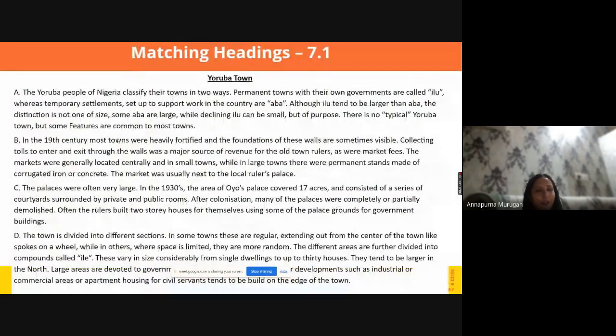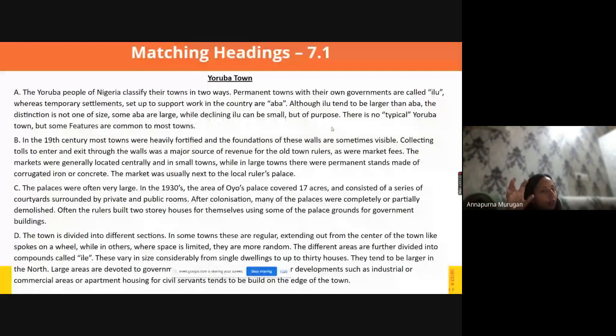Now, if you want, you can go and see the complete paragraph. It is trying to say permanent towns with their own government and so on. So that is why types of settlements is the right answer. Getting it? This is how you people need to do it.